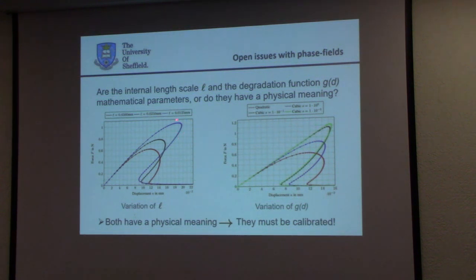So you would assume something that has a sharp peak, and then goes down. Well, clearly the blue one approximates this the best. And when you make L even smaller, you get something like this. And in the end, you really approach a real brittle fracture. But you need, of course, a very fine mesh.